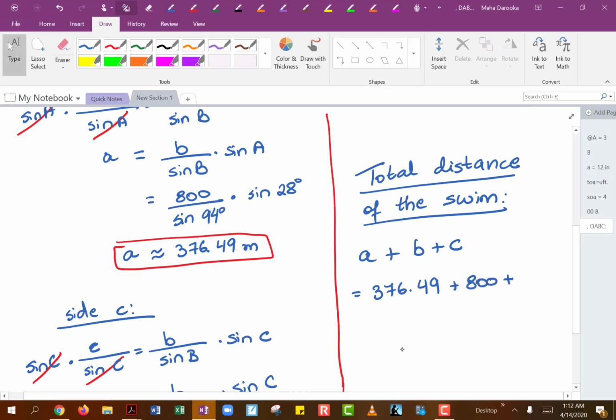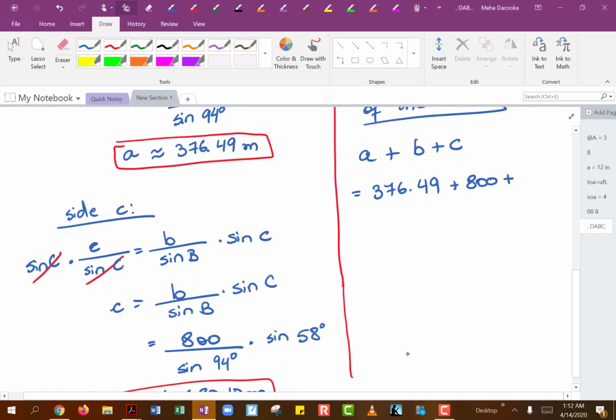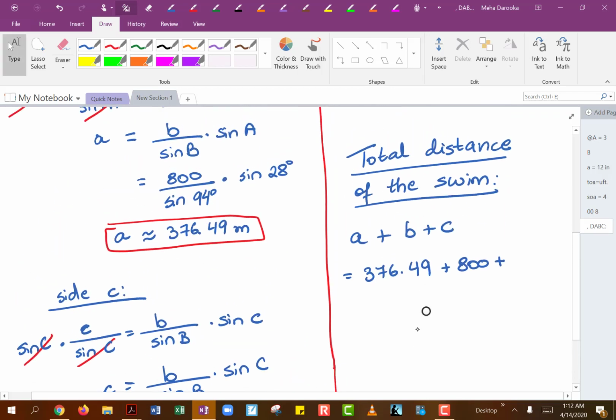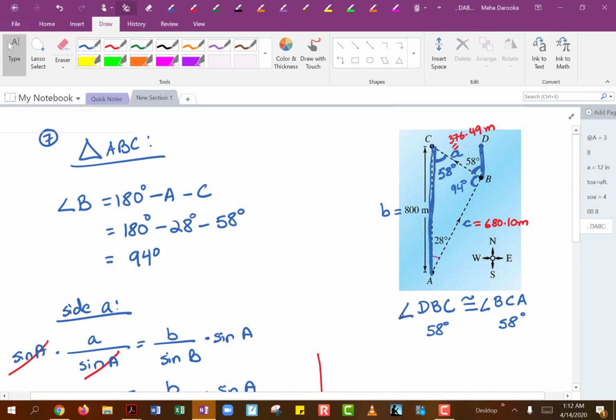Side B is 800 meters. And side C was 680.10. So when you add all of these numbers together, we should get a total of 1,856.59 meters. So that's how much we are swimming a total distance of here.